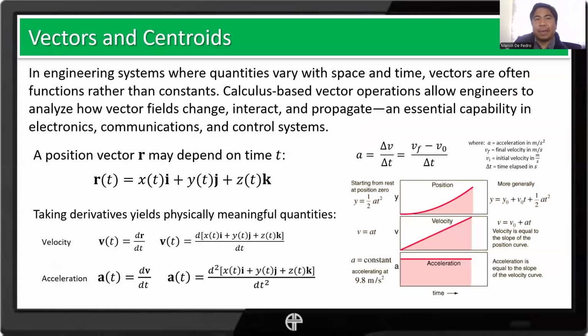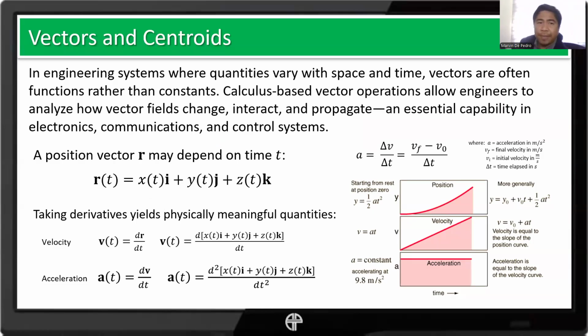In engineering systems where quantities vary with space and time, take note, vectors are often functions rather than constants. That's why we have calculus-based vector operations that allow us to analyze how vector fields change, interact, and propagate. This is an essential capability in electronics, communications, and control systems.